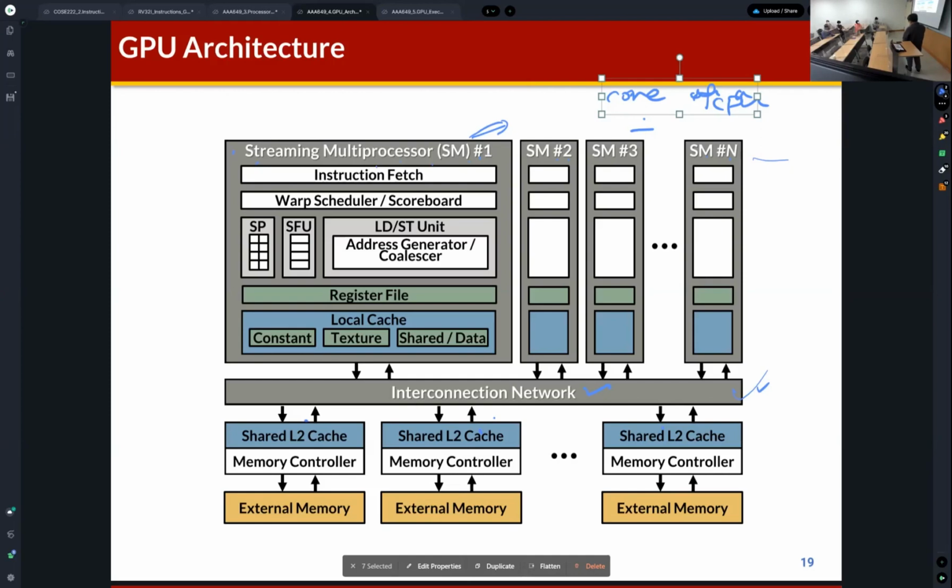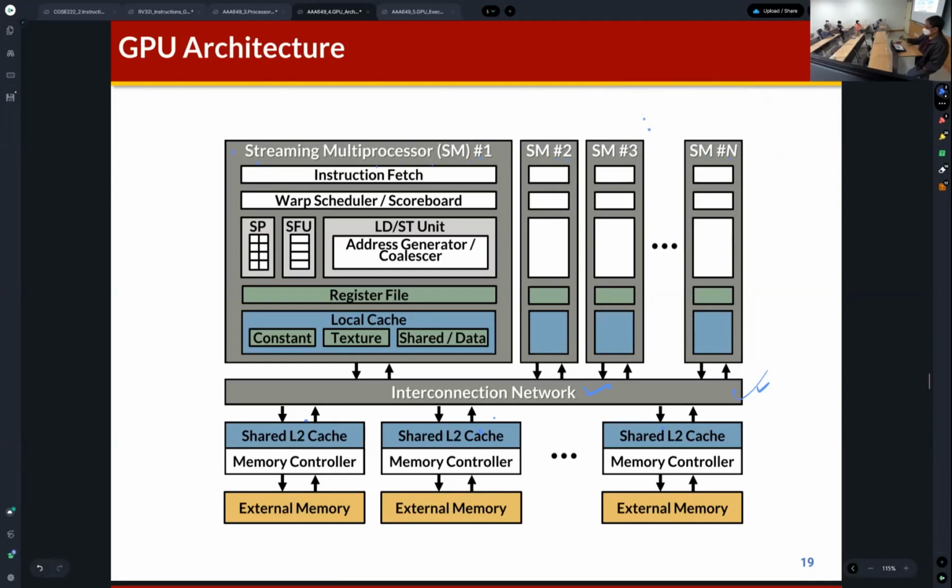Nowadays, hundreds of threads can be executed concurrently in an SM. That's why the execution of hundreds of threads is assigned to multiple ALUs, or multiple cores, the CUDA cores. That's why NVIDIA advertises that the GPU has hundreds or thousands of cores and can execute thousands of concurrent threads.